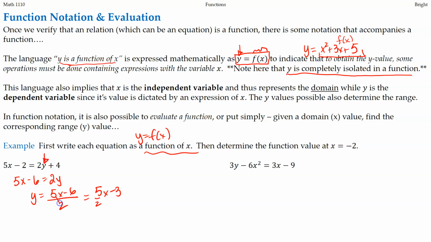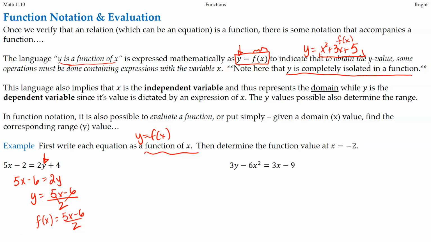So again, you'd have to divide both the 5 and the 6 by 2. So divide each of the terms by the denominator. Okay? But I digress. This first form isn't actually all that useful, but what I can say is then that really instead of y, I can write f of x is equal to 5x minus 6 over 2. Okay? So again, y and f of x are used interchangeably per this notation.